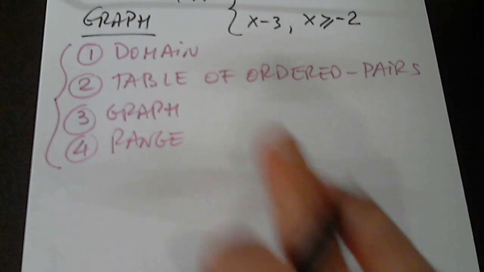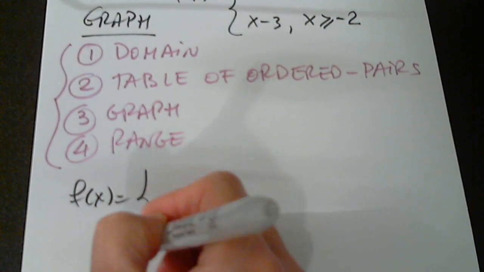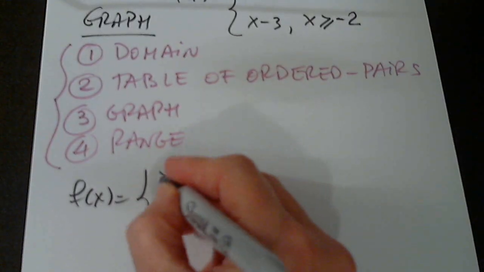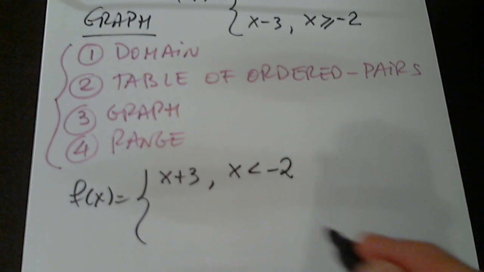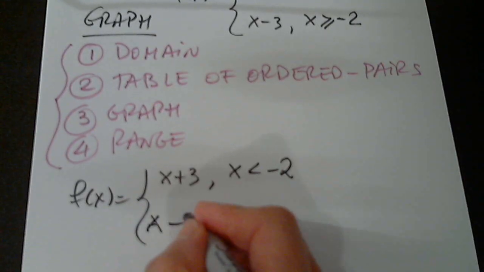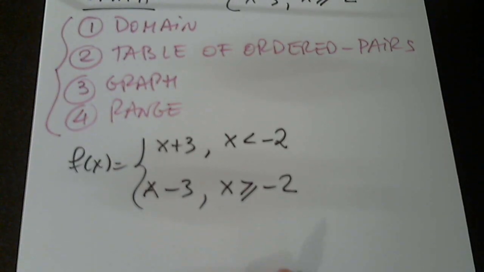So first of all, I'm going to copy the function here because I don't have room over there. So f of x, again, is a piecewise defined function: x plus 3 only when x is less than -2, and x minus 3 only when x is greater than or equal to -2.